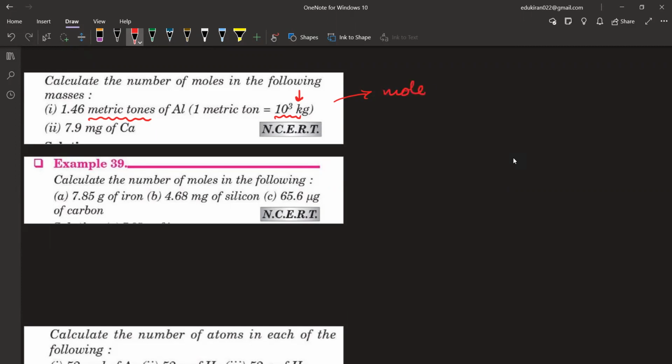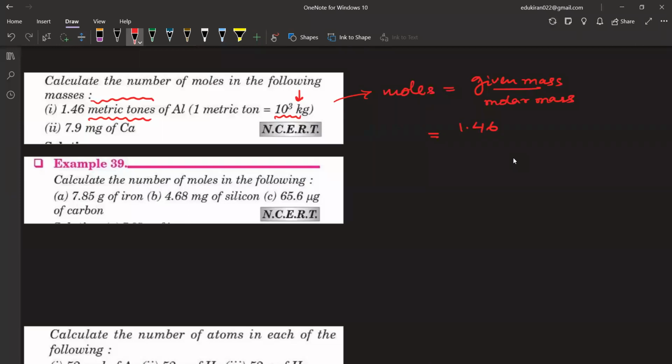Number of moles will be equal to, tell me what? Given mass by molar mass. Very good. What is the given mass? 1.46. What is the unit? Not kg. It is metric tons, right?